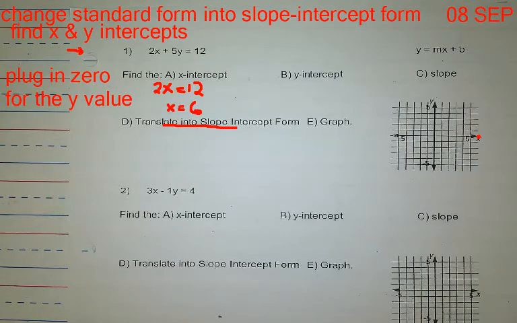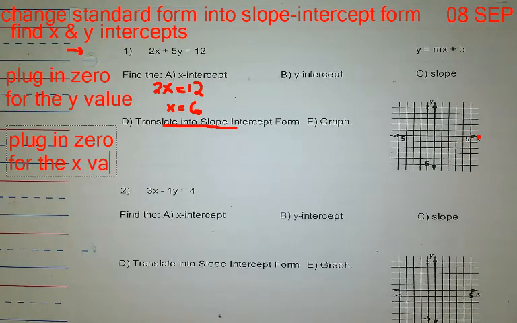So let's write that step down right here. See if we can fit it in there. There we go. Plug in 0 for the x value. There we go. All right.